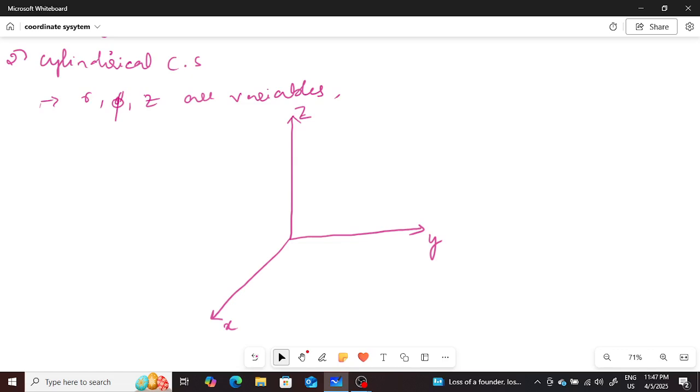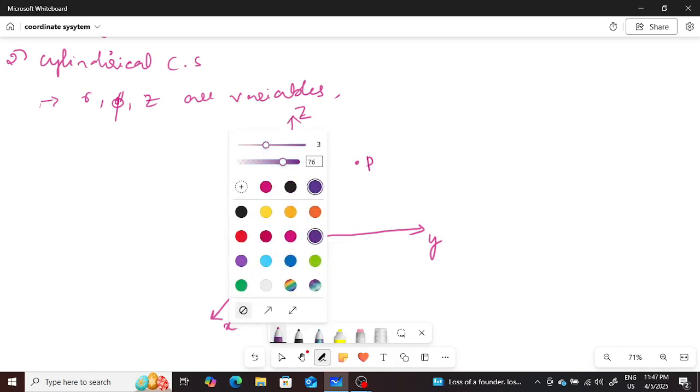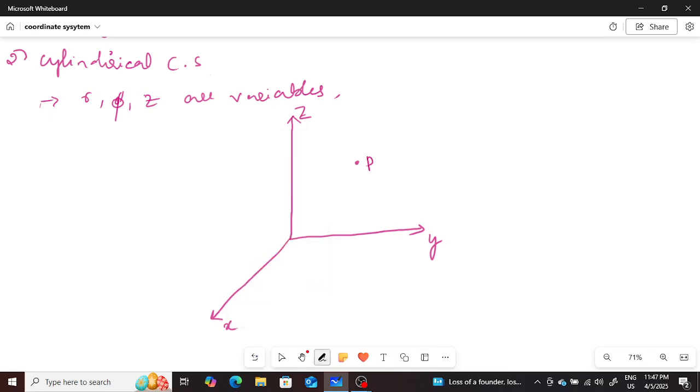It is having the arc length, the radius and the axis. So how exactly you can define here is, let me take a point P in this cylindrical coordinate system, and I'm drawing the cylinder at particular point P.